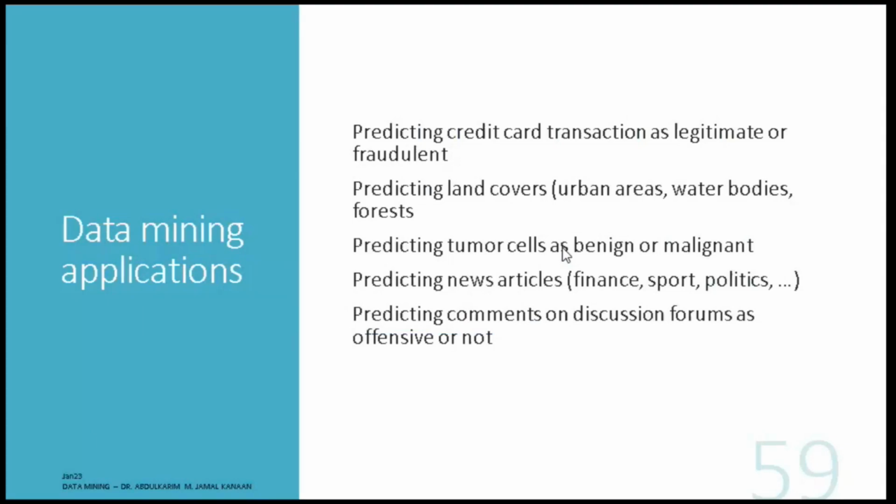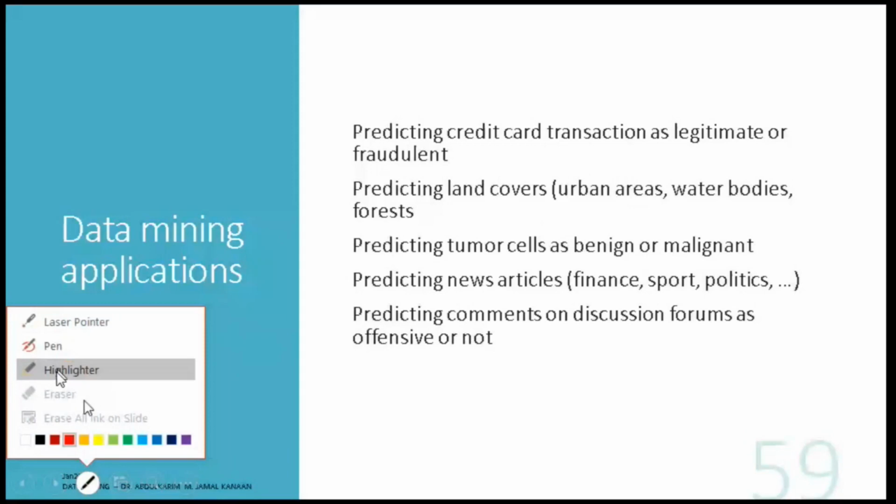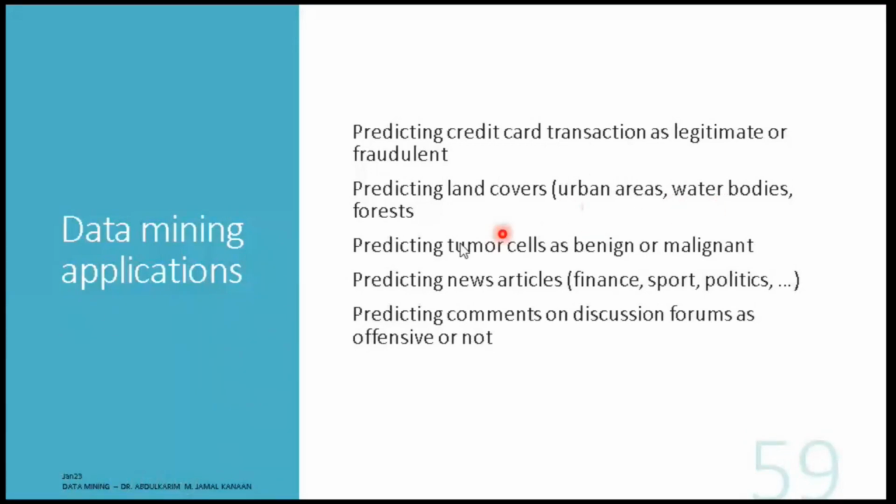Predicting land covers, whether it's urban area, water bodies, or forest, is also classification, because I'm trying to predict text, correct? These are text. Predicting tumor cells as benign or malignant is also classification. Predicting whether a news article is finance, sport, or politics is classification. Predicting comments on a discussion forum as offensive or not is also classification.